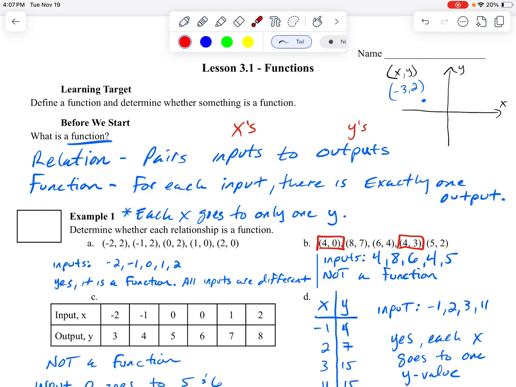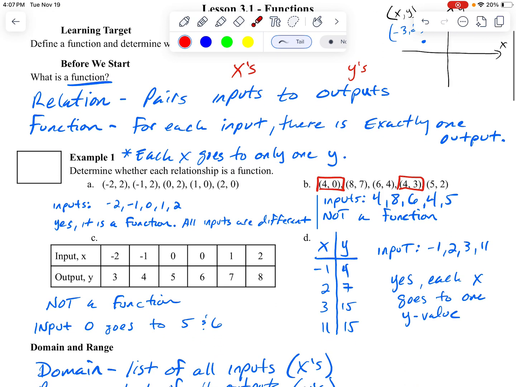This will probably make more sense when we start looking at examples. A simplified way to think about this is each x goes to only one y. Since x is our inputs and y is our outputs, each x goes to exactly one y value.